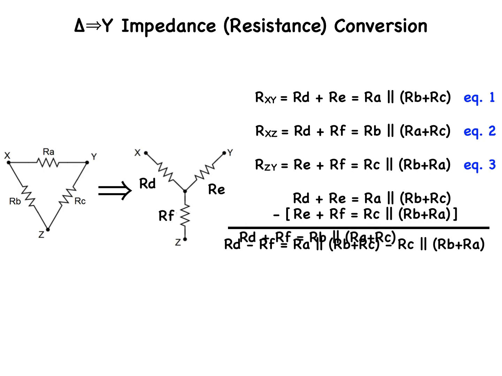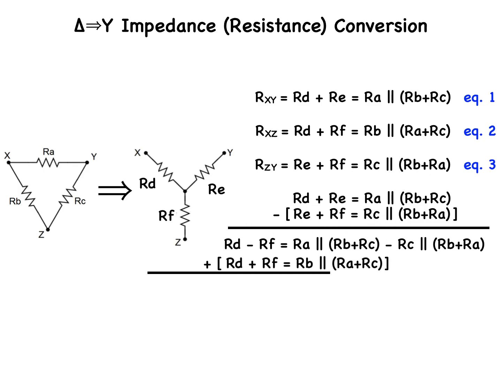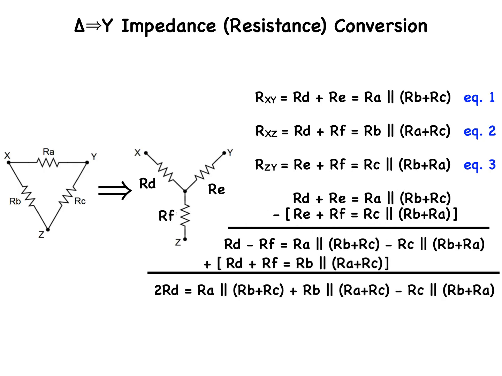Now, let's bring down equation 2 and add it to the results we have from the previous subtraction, and we get 2RD is equal to RA in parallel with the quantity RB plus RC, plus RB in parallel with the quantity RA plus RC, minus RC in parallel with RB plus RA.